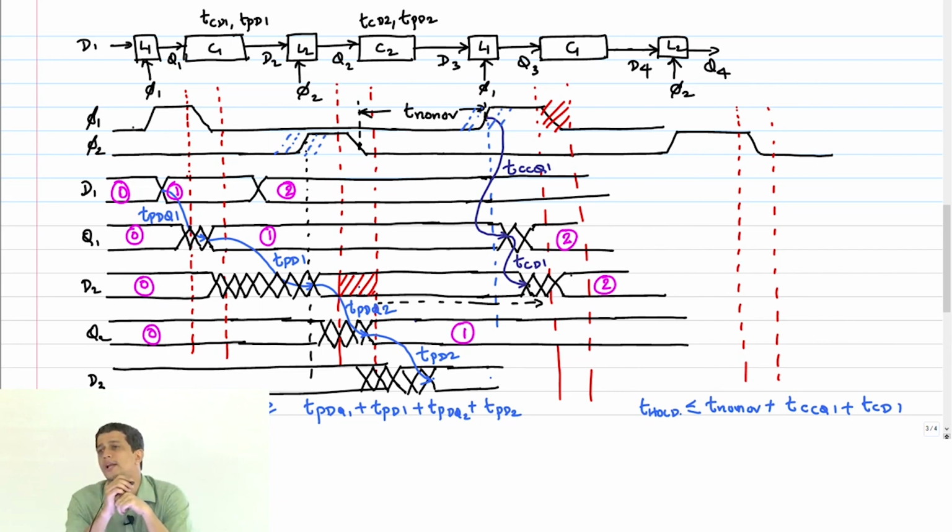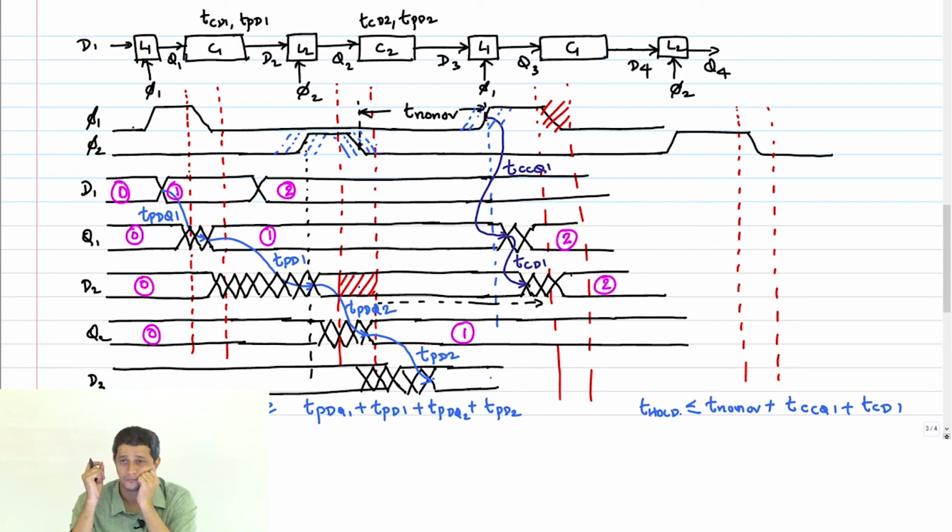What happens to the min delay? Will it be affected by skew or not? What is it that I have to look at? I have to now look at this edge, right? Does it affect it or not?